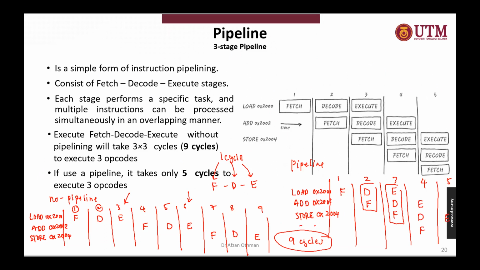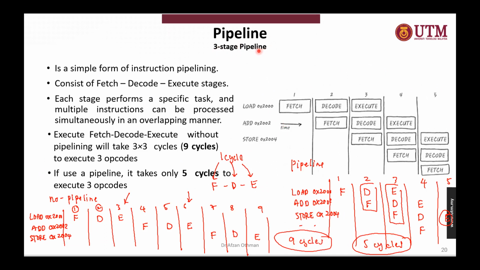Now you can see the total cycles needed to execute these 3 instructions using a pipeline takes only about 5 cycles, compared to 9 cycles without a pipeline. So in terms of performance, execution time is much shorter compared to non-pipeline. This is for the 3-stage pipeline.